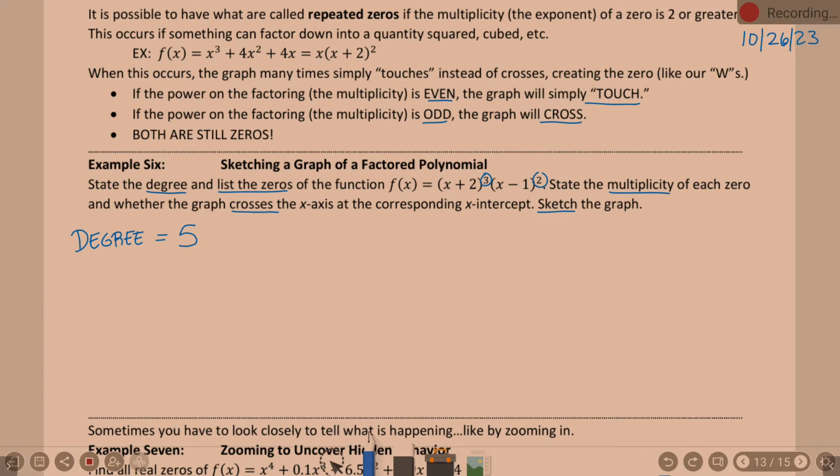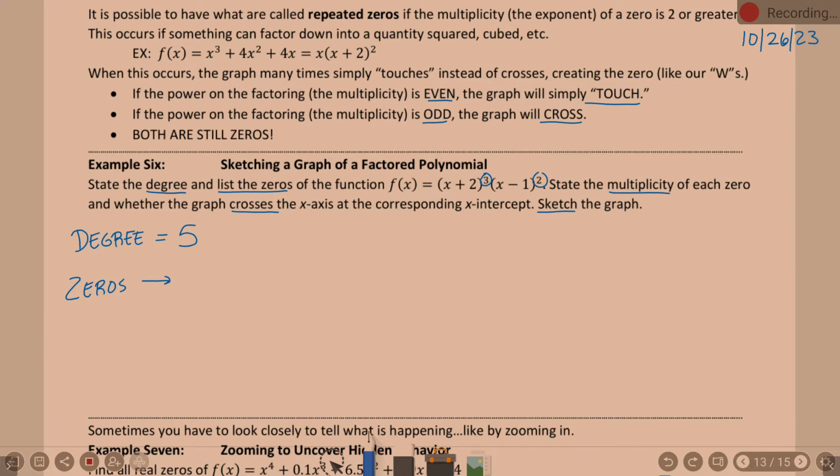Okay? Now, let's talk about zeros. What about zeros? 4. Where'd you get 4? Because 5 minus 1 is 4. Okay, so I'm not talking about how many zeros there are.